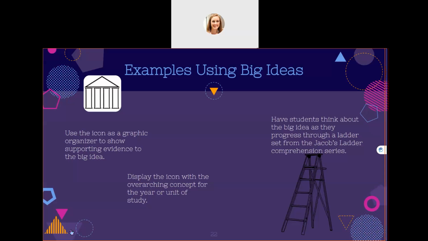You can have students think about the big idea as they progress through a ladder set from the Jacob's Ladder Comprehension Series. And it's easily implemented into language arts when identifying main idea and theme. So that's one way that you could implement it early on with younger students.